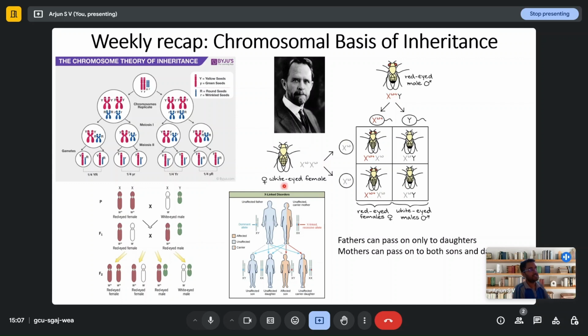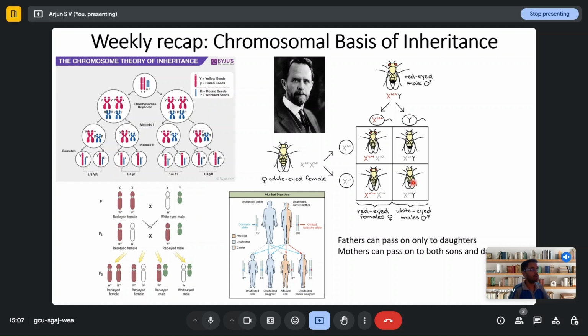So the white-eyed mutant variant, since it is a recessive trait, when it appears on only one of the chromosomes, it still remains as a carrier and not as a trait in the female Drosophila. But in the male Drosophila, since there is only one X chromosome, and since that mutant allele happens to be on that X chromosome, the male progeny arising out of this cross comes to have white eyes.